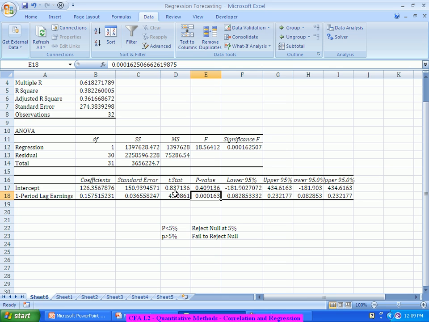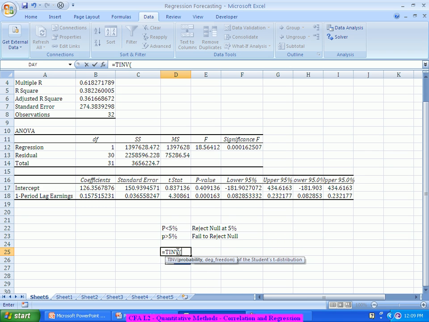See, the simple way I'll tell you: if I find out the T value corresponding to that p value, that level of significance, 0.0163% level of significance, and what are our degrees of freedom? 31, because the observations are 32.